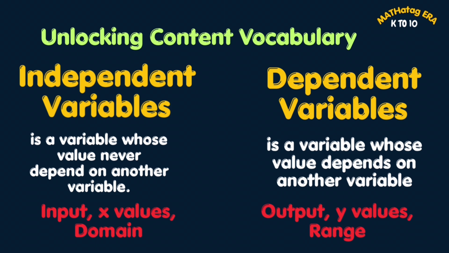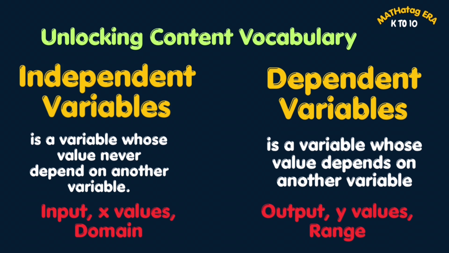Let us use the classroom example. Suppose na yung teacher nyo, merong 50 students na nag-take ng mathematics test. So, gusto niyang malaman whether studying longer affects students' scores. So ask yourself, what changes first? The amount of studying? Then what changes because of it?